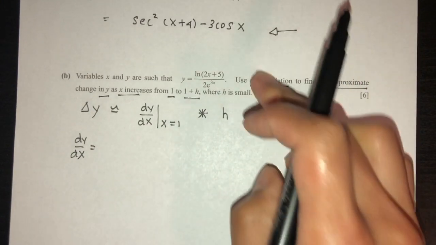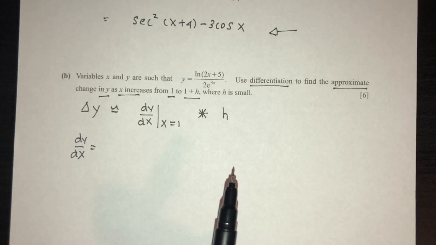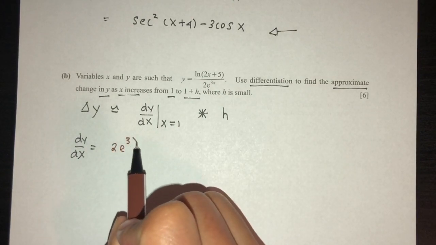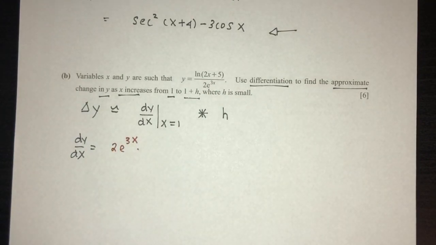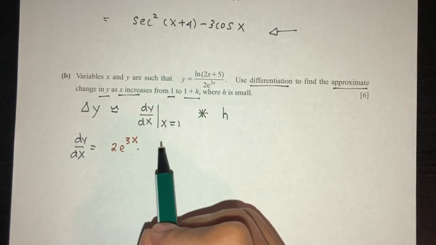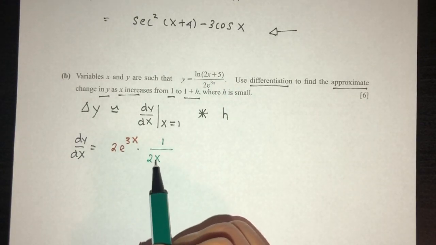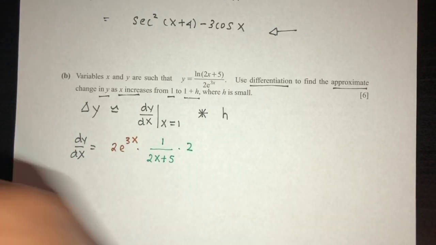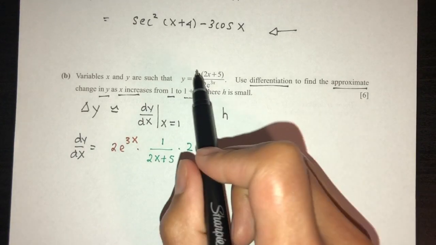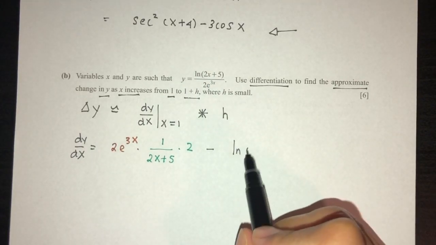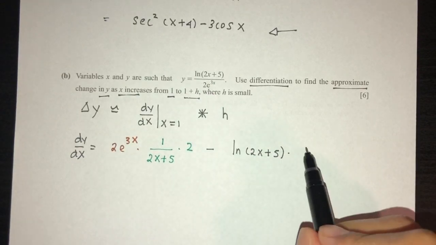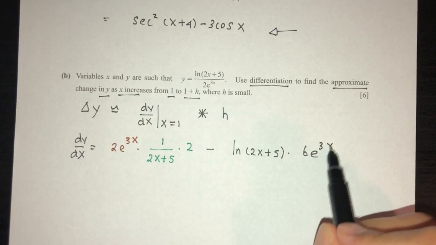As you have observed, this one is a fraction, so we have to use the quotient rule, right? So first thing, we write the base, you have 2 exponential 3x times dy by dx of the top. That will be 1 over 2x plus 5 times 2. And this 2 minus the top, now you write the same times dy by dx of this, which should give you 6 exponential 3x.